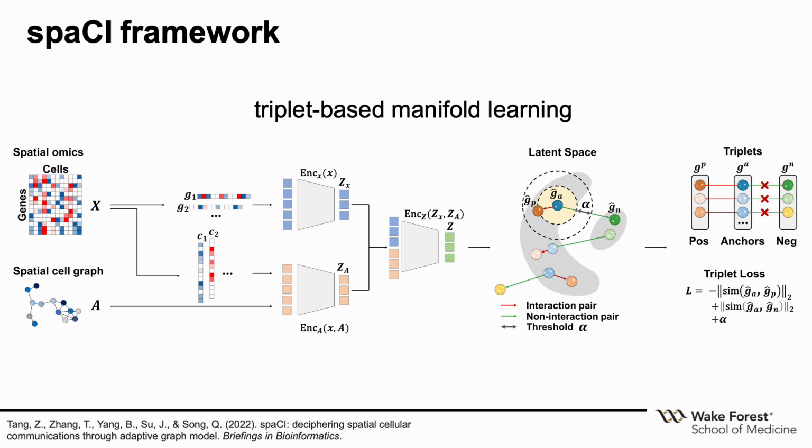Such triplet loss defines a latent representation for each triplet, which assures a clear separation of the interaction and non-interaction pairs. In this way, SPARCY learns an accurate latent representation of genes where the similarity between interaction pairs is higher than that of non-interaction pairs, and thus can infer whether a ligand-receptor pair has interaction or not.